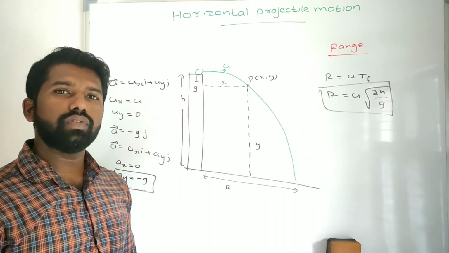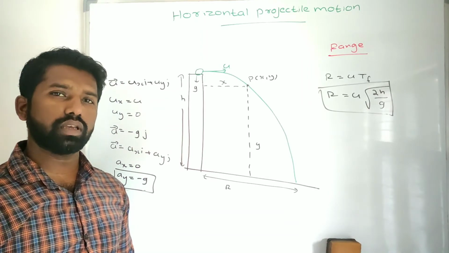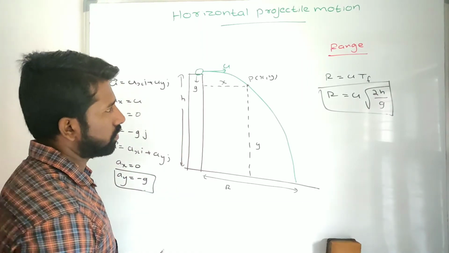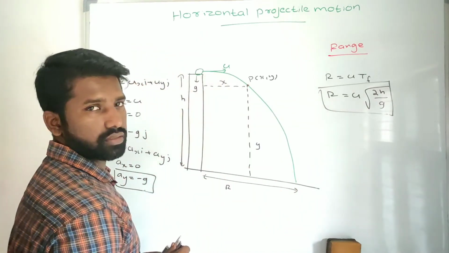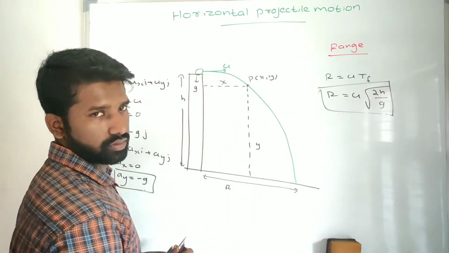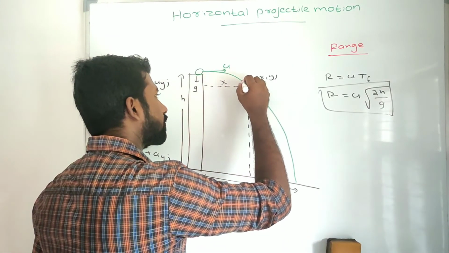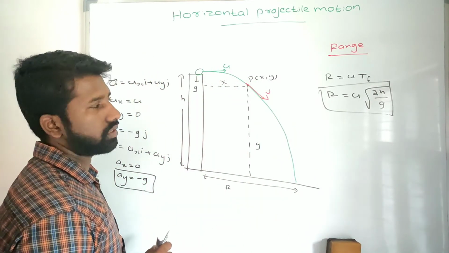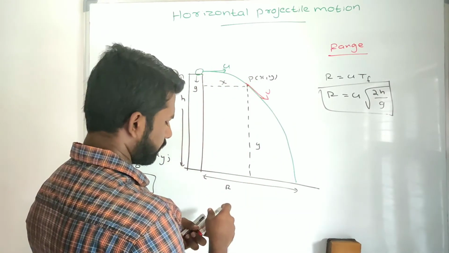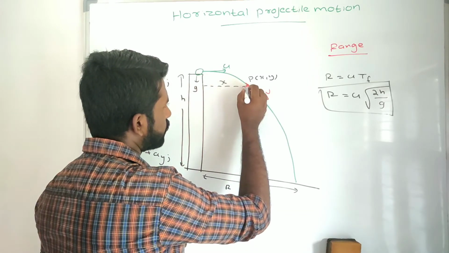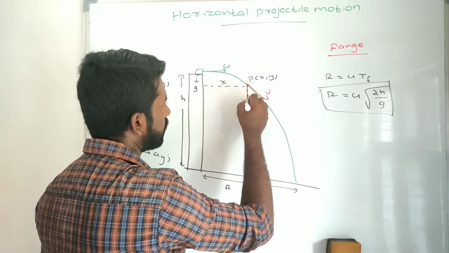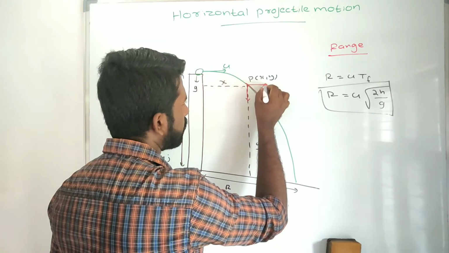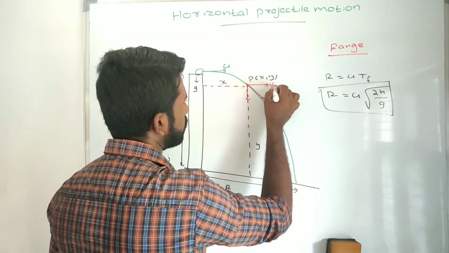Next we will see the velocity at a particular instant. At the instant t, the object is at point p, so we can find the velocity by drawing a tangent. This is the velocity at this point. This velocity has two components, one along the vertical direction and the other along the horizontal direction.